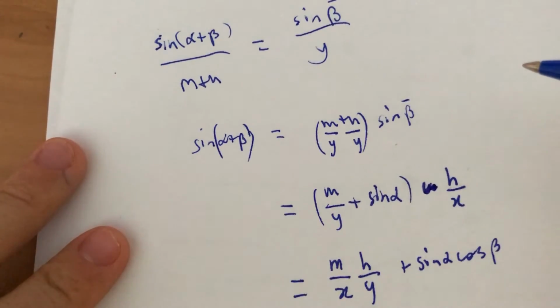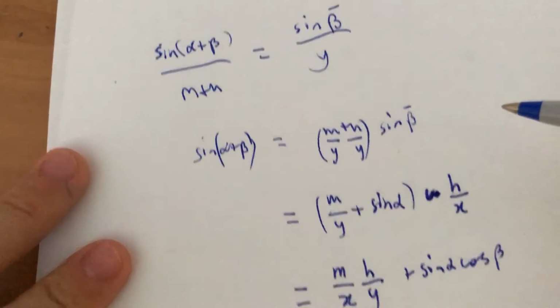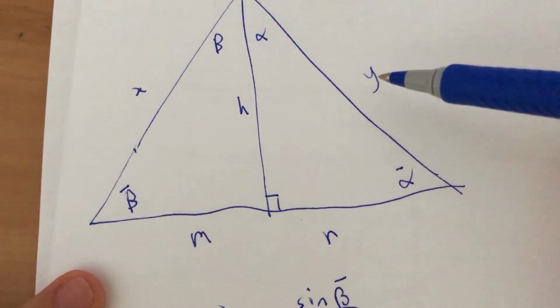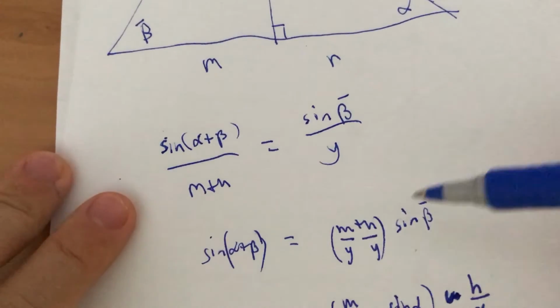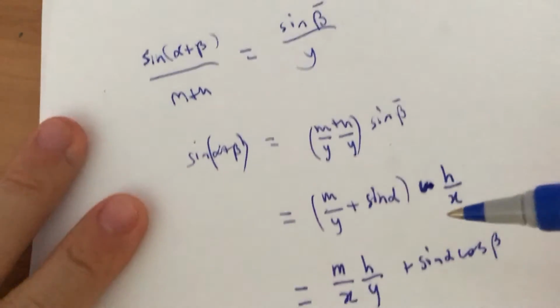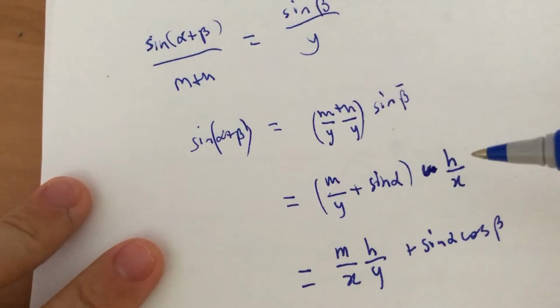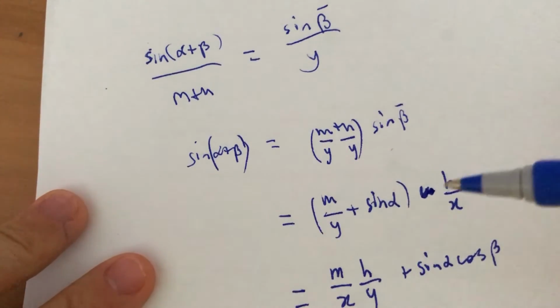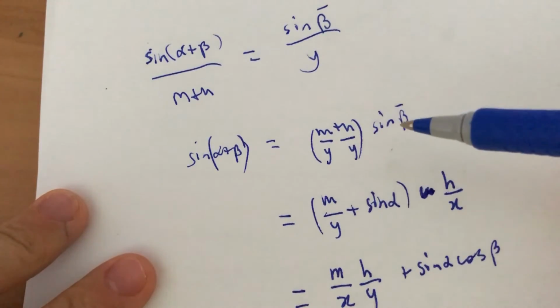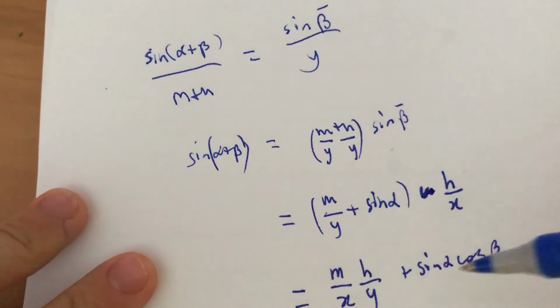So, and then n over y is sine alpha, and m over y, well, that's not really anything at the moment. So I wrote sine alpha here, and then when you expand this, the n over y is sine alpha times cosine beta, so that's what I put here.